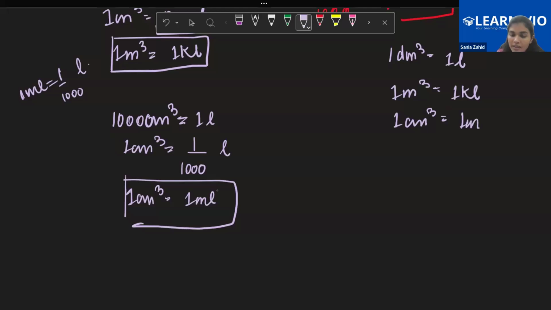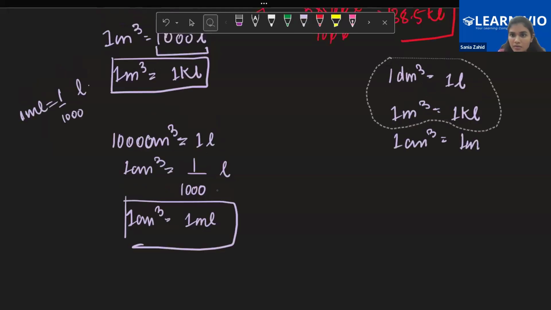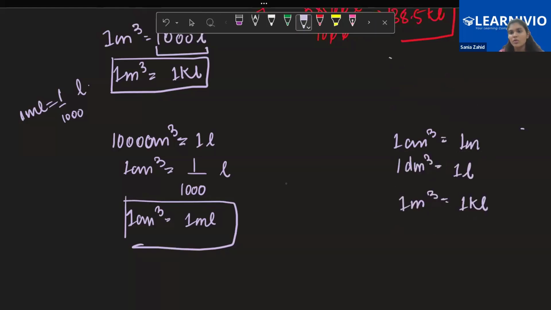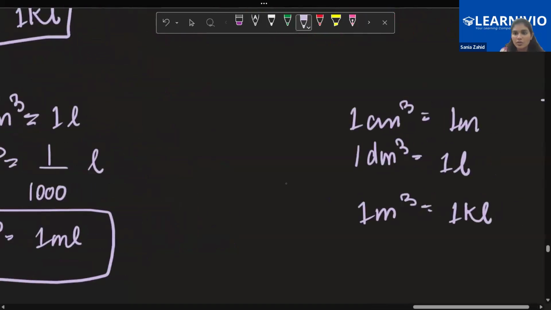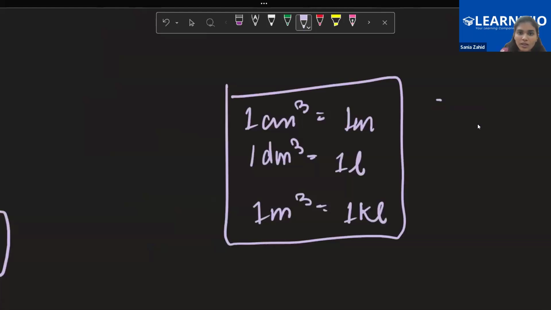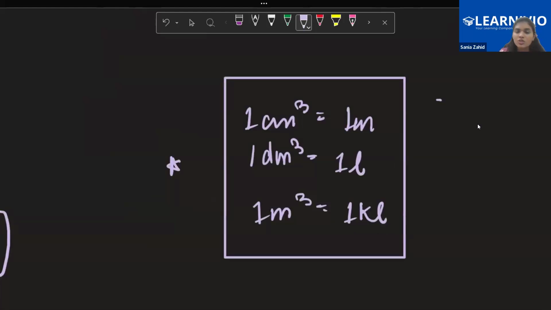Now children, again, let's rearrange this. Now it is written in this order, and this is the exact relationship that I want to tell you. Smallest is centimeter, then decimeter, and then meter is the biggest unit.